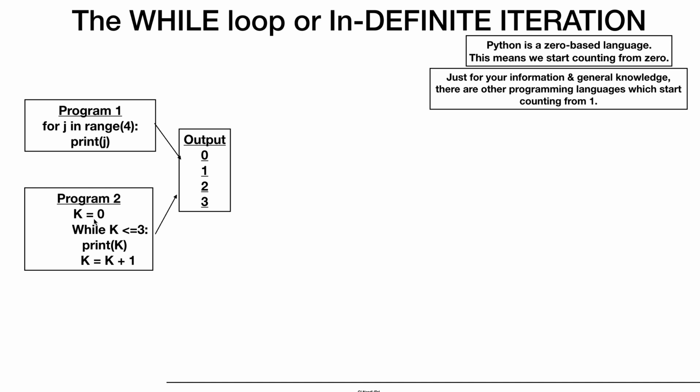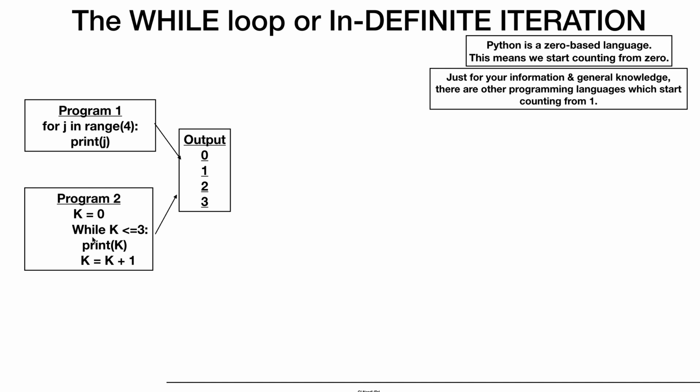k equals 0. While k is less than or equal to 3. Well, k is 0, so it is less than or equal to 3. So these next two statements are executed. Print k, so we print k, which is 0, and then let k equals k plus 1, so k becomes 1.